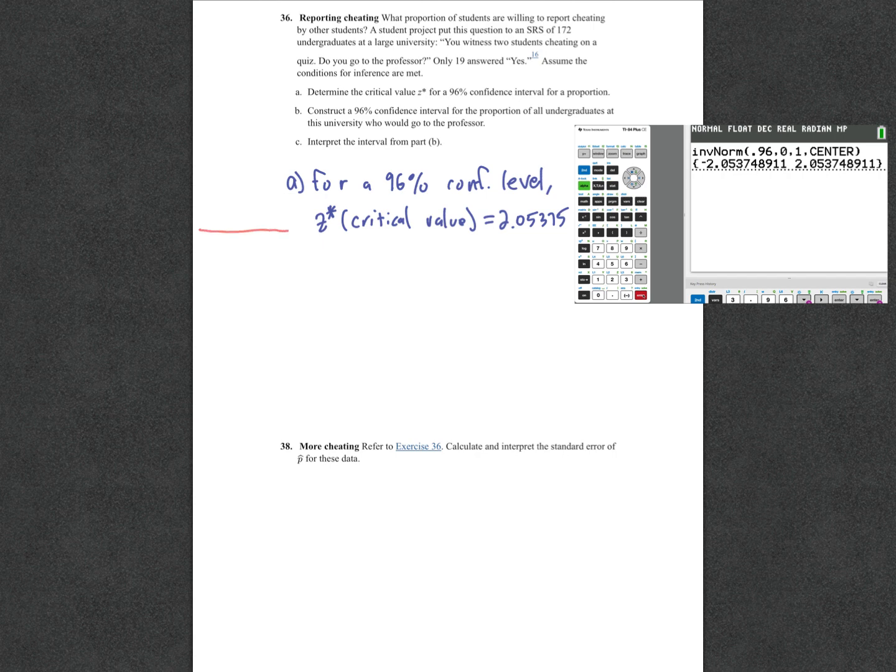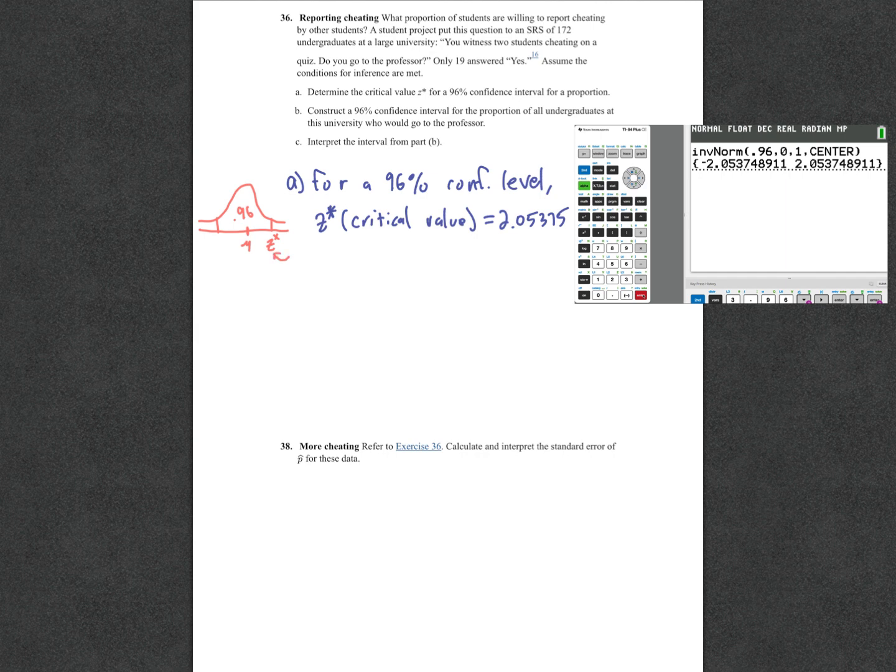Okay, so if we're doing it the other way, let's say we have a normal curve. And we want to find, if all this area was 0.96, this is the mean, and this value here would be our z star that we're looking for.